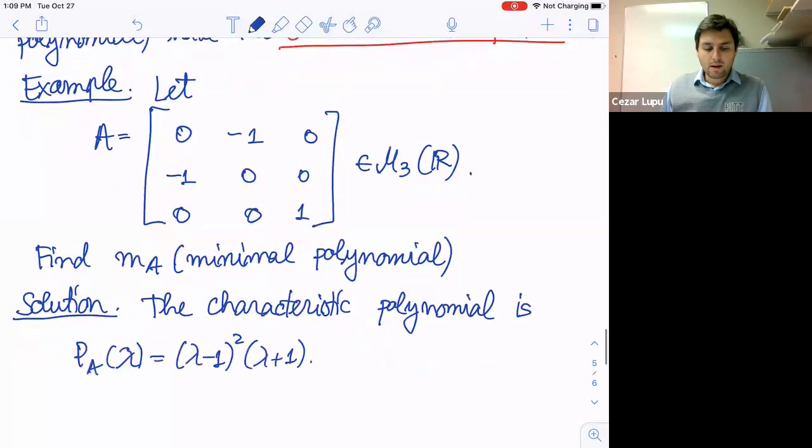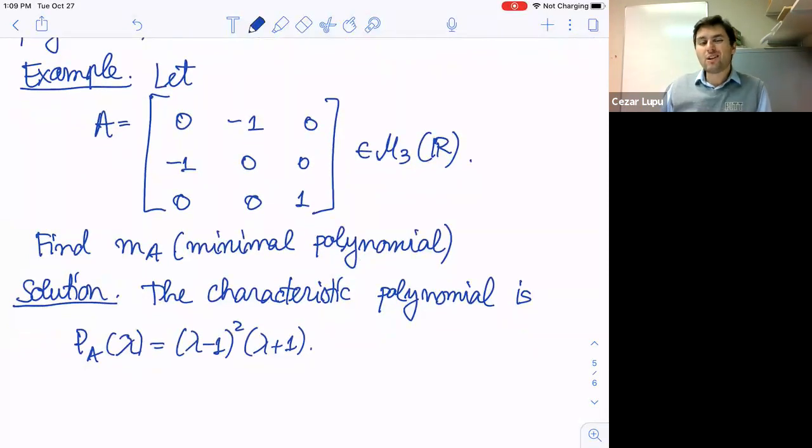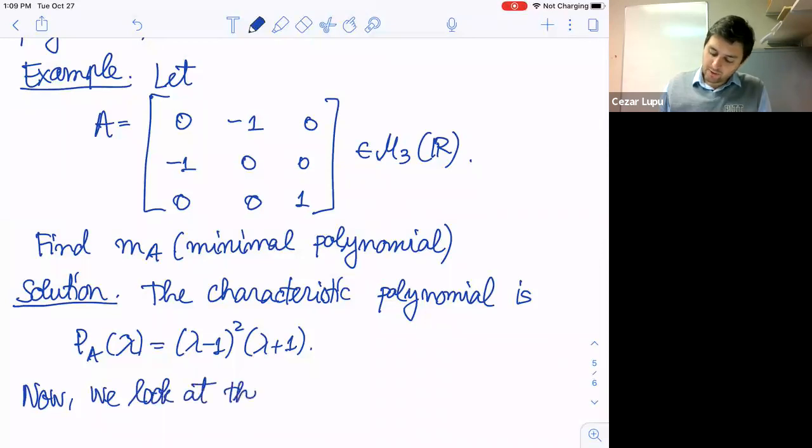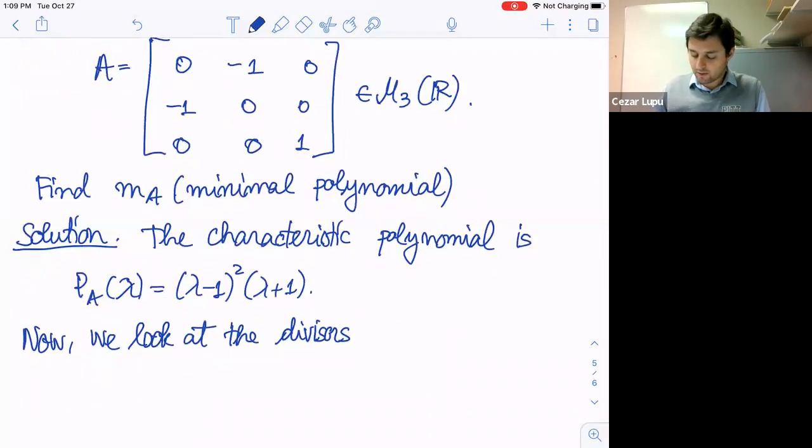Okay, and now we're going to look at the divisors of the characteristic polynomial.